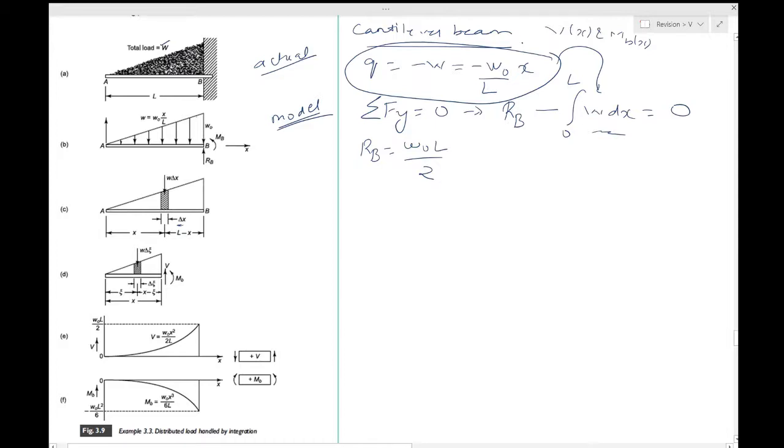You do this by substituting W and integrating from 0 to L, over the entire length. So that solves the reaction force at B. So this is A, this is B.